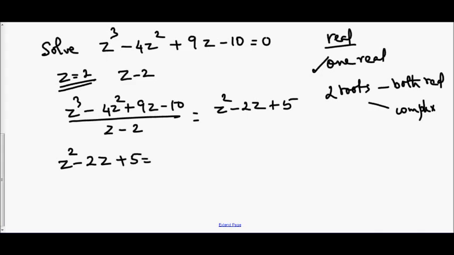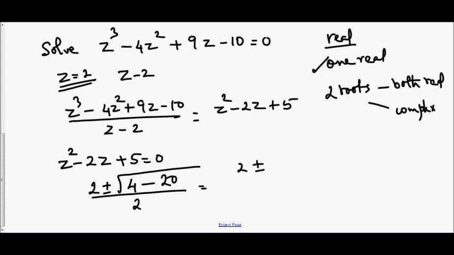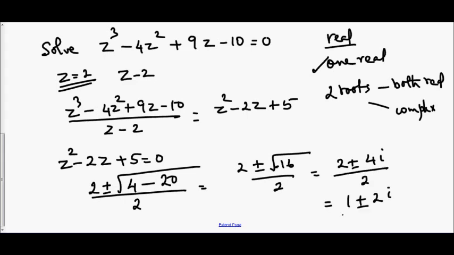Solving these types of equations is always comfortable with the quadratic formula, minus b plus or minus square root of b square minus 4ac over 2a. 2 plus or minus square root of minus 16 over 2, which means 2 plus or minus 4i over 2, which means it is 1 plus or minus 2i. So you have the other two roots in complex form, and you can see that you get the conjugate roots there. So that's all with complex numbers. All the best.